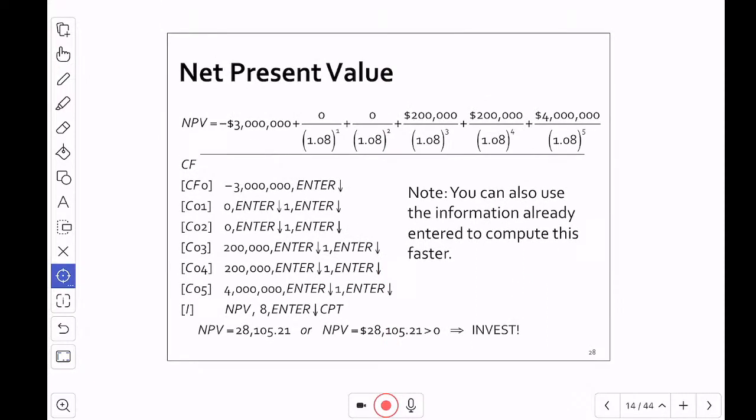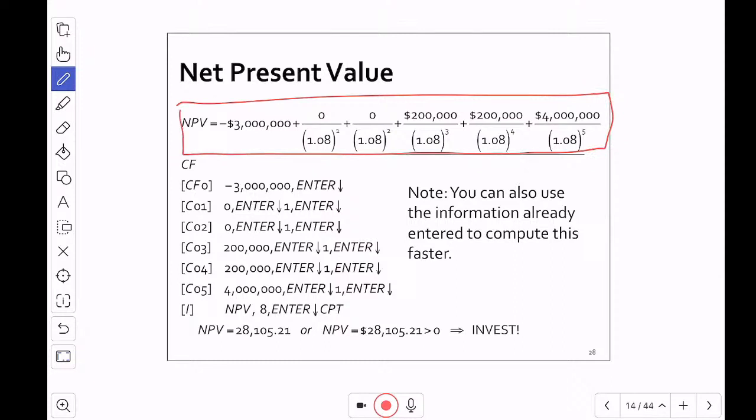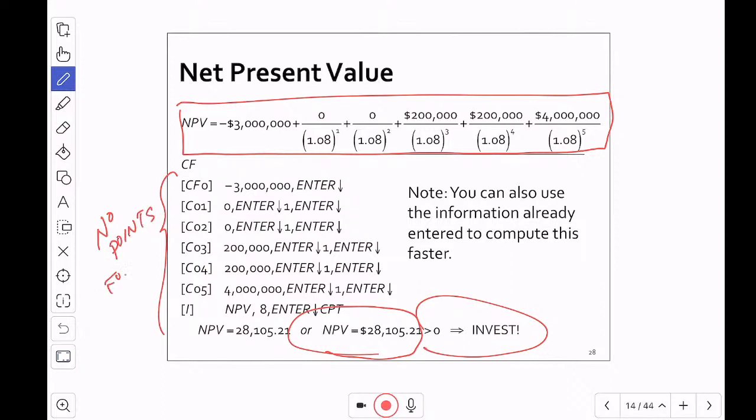Let me give you some time to sort this out. I want you to use the financial keys. In a test situation, you need to write this, and you just need to write the answer and the decision. All of this will not get you any points, but you need to do these steps.